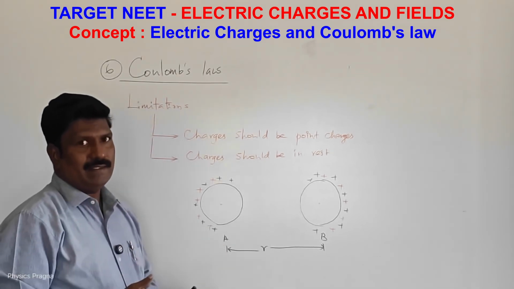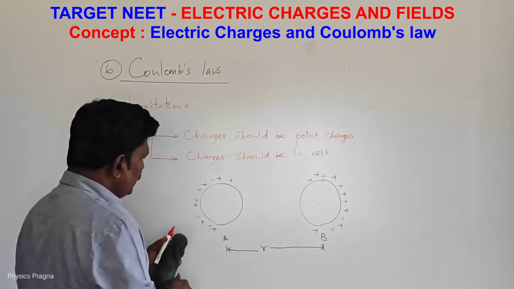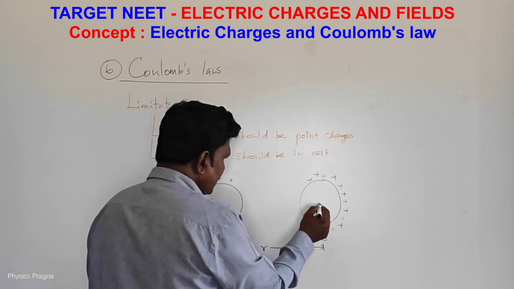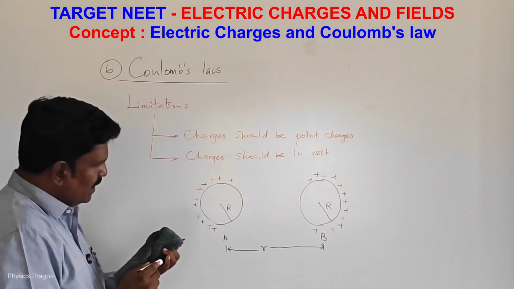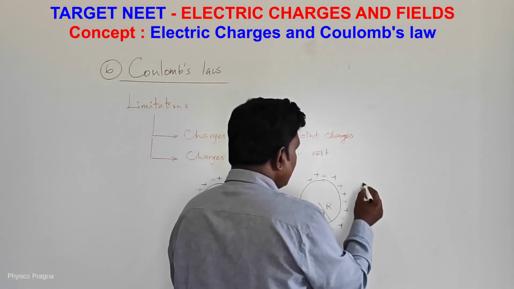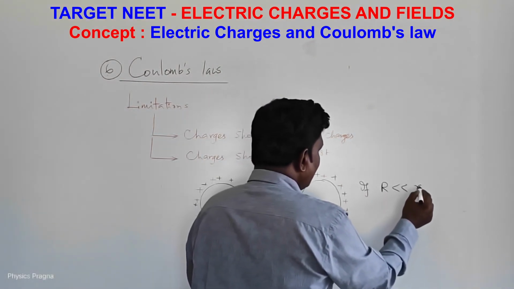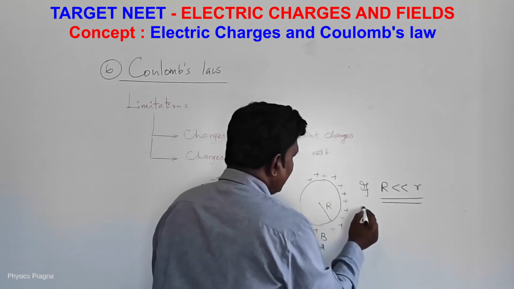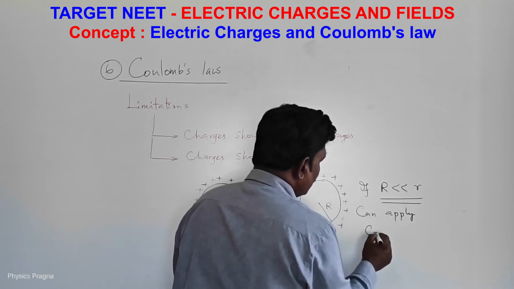When can we apply it for big bodies? See, if this is the radius of a sphere, let us think that these two are similar spheres. If and only if r is very much greater than small r, we can apply Coulomb's law.